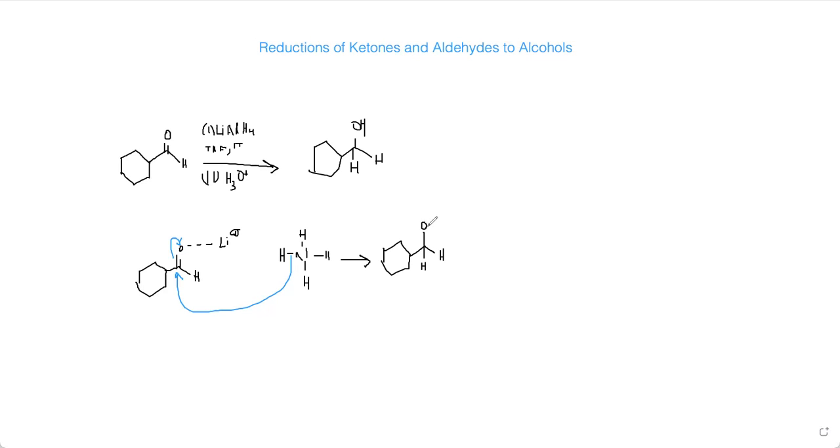So now we have our negatively charged oxygen up here with 3 lone pairs, 6 electrons. And that's kind of loosely associated with the aluminum hydride. I'm not entirely sure how to represent that, but I'll do it with an arrow.